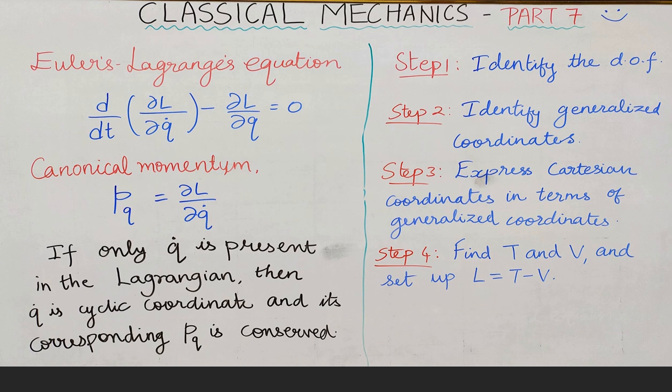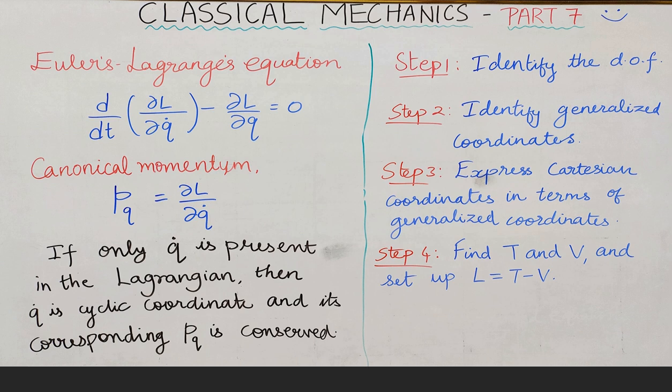The other thing to know is that you'll have some questions where a Lagrangian is given and you will be asked which quantity is conserved, that is, which momentum is conserved. If the Lagrangian has terms in both q dot and q, that is one case.